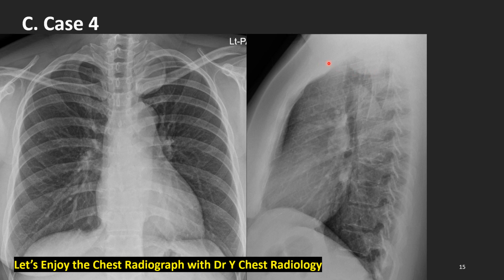The clavicle level is about here. There is no space for a mass in the anterior compartment. Only the posterior paravertebral compartment can afford a space for the mediastinal tumor. So a mediastinal tumor above the clavicle is surely in the paravertebral compartment, and it is more likely to be a neurogenic tumor.